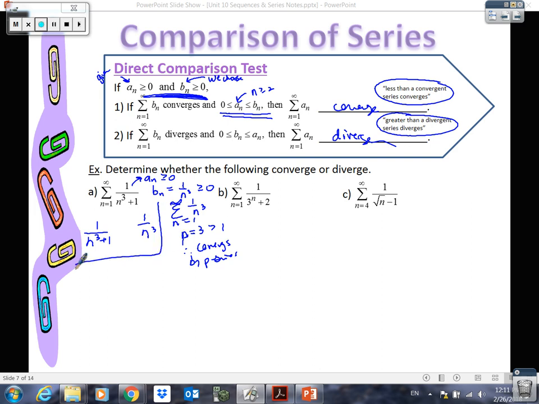Like I said, this particular test has really bitten me a couple of times. I am very, very careful with this test because it is sometimes difficult to tell which one is greater than the other one. Now, just looking at them, let's test some numbers. If I put a 1 in here, I get 1/2 and 1, so this one is smaller.